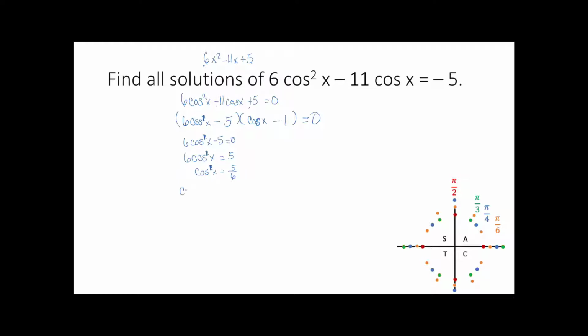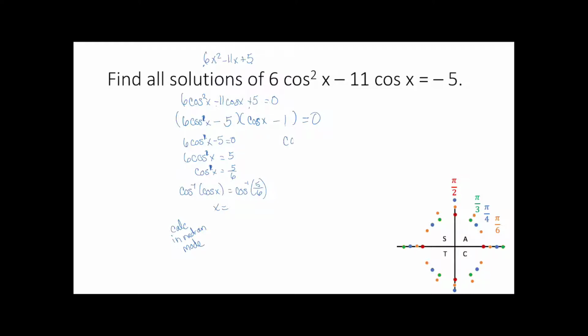So we are going to have to take the inverse cosine of 5/6. We have been talking about everything in terms of radians, so make sure your calculator is in radian mode. And evaluate.